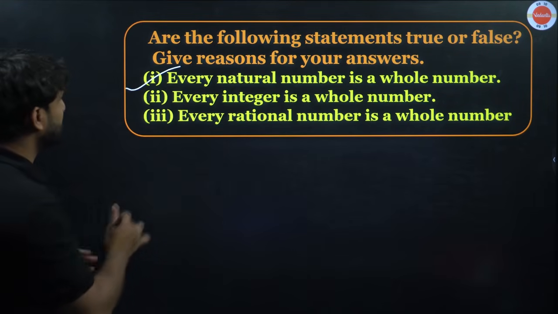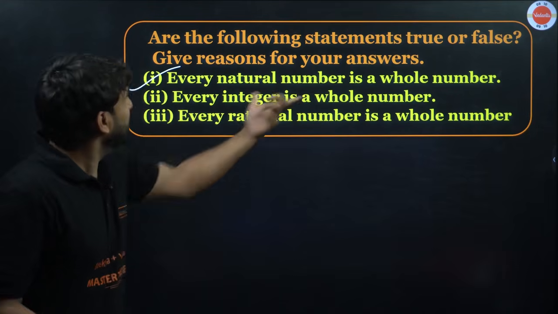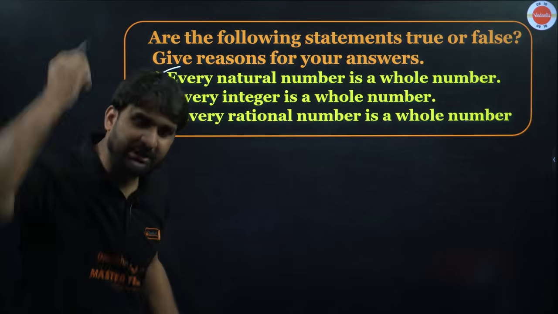Now the second question: every integer is a whole number. How is it possible? This is absolutely false.